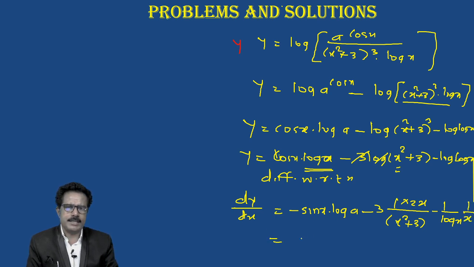Therefore, the final answer is minus sin x into log a minus 6x divided by x square plus 3 minus 1 upon x log x.